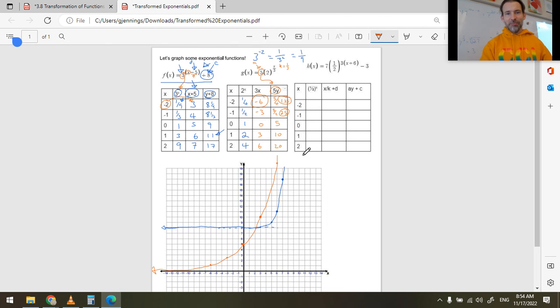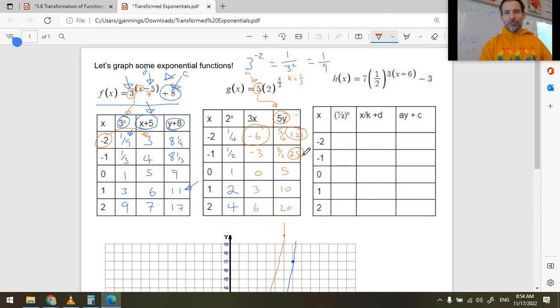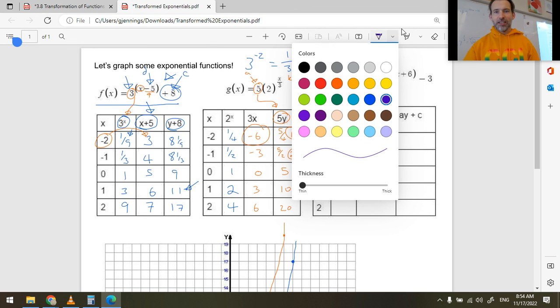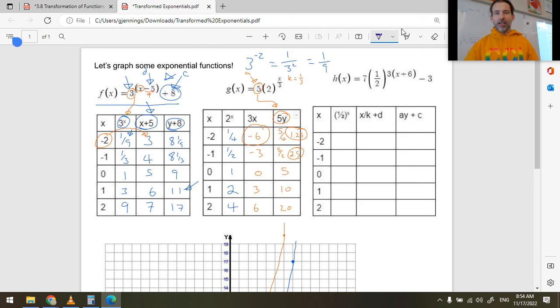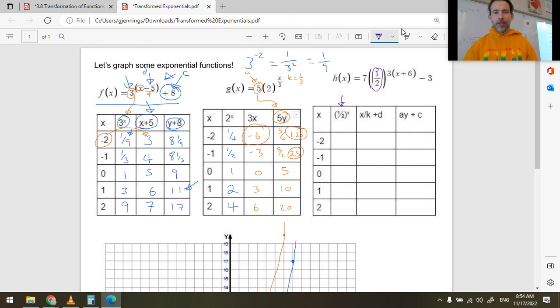Now, you've got a bit of time to graph yourself some h of x. Here's what you're going to need to do. I'll help you prepare your transformation ideas here. Notice my parent function first: 1/2 to the x. Raise those to the different powers.